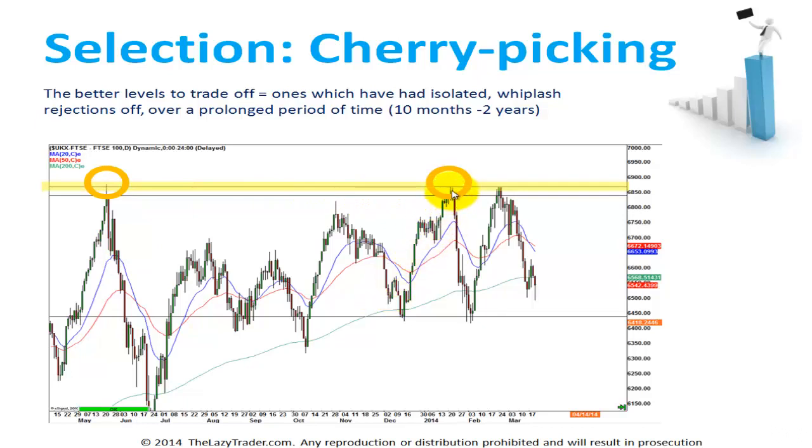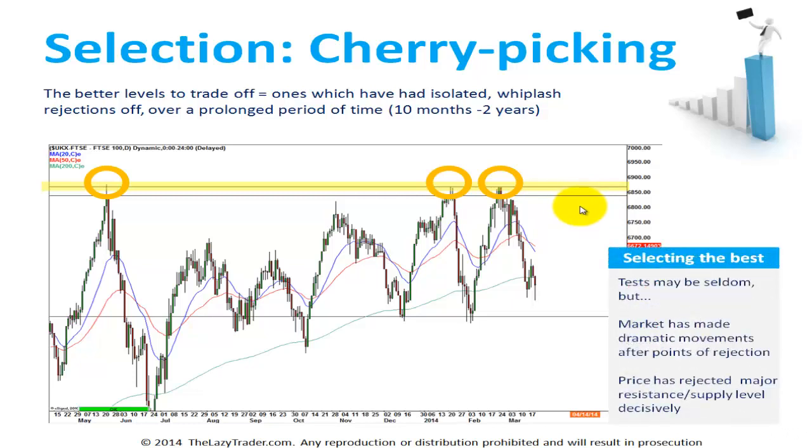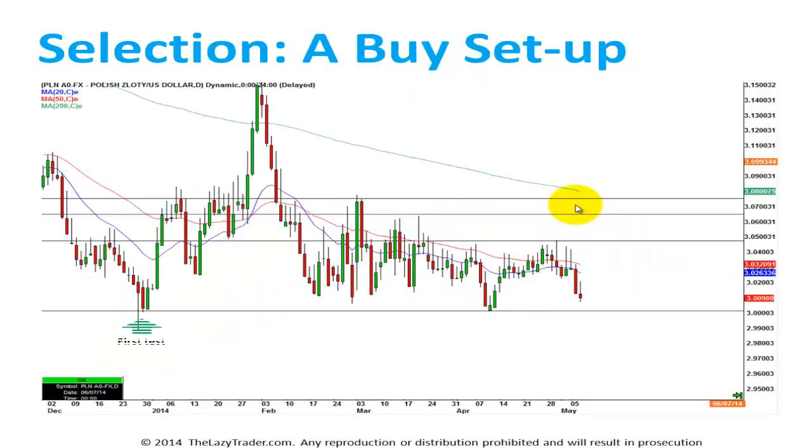It's come up very decisively, tested the level before falling quite dramatically, and the third instance, it's happened right here. So this is the kind of profile of what we're looking for in terms of horizontal levels which have been tested and prices immediately reacted to it. These might be few and far between, but they're very high probability in terms of the direction or the movement that occurs thereafter.